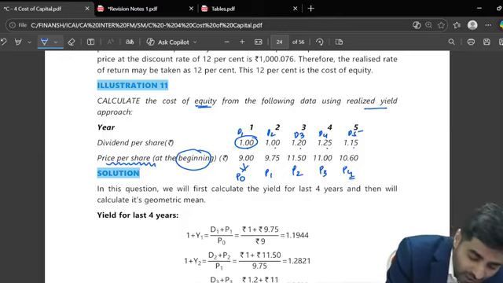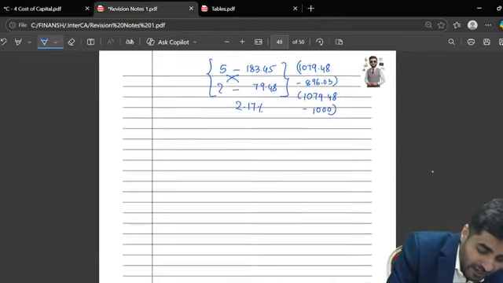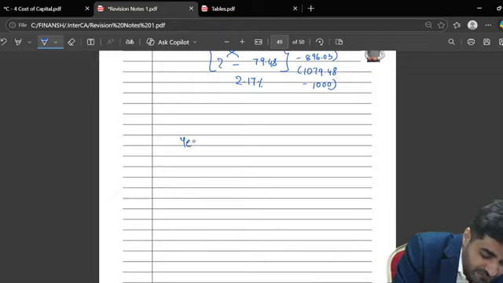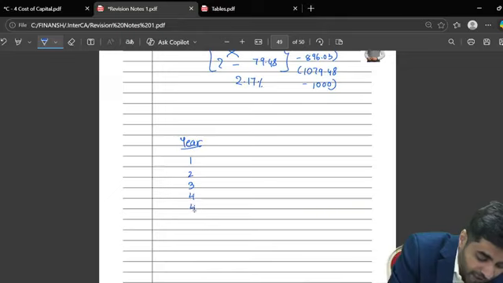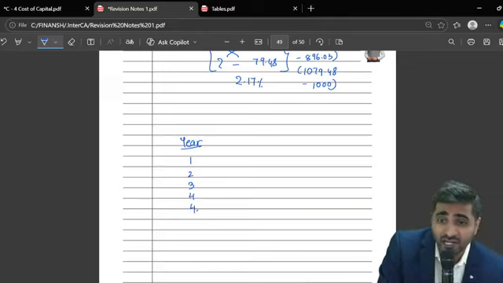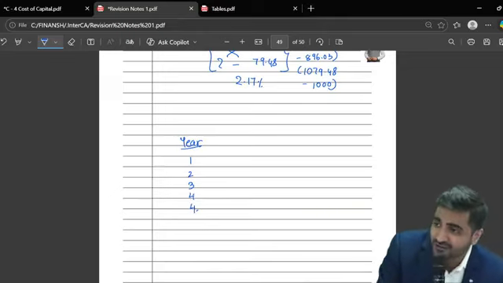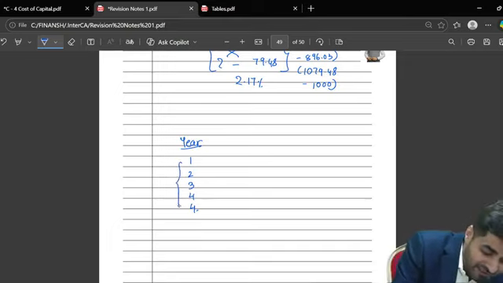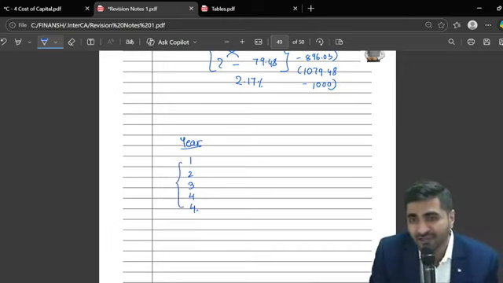Now, if I want to calculate my yield, I have to create a series of cash flows. So I will take year 1, year 2, year 3, year 4, because I only have the price at the end of the 4th year. So now I will only take the series of cash flows from year 1 to year 4.